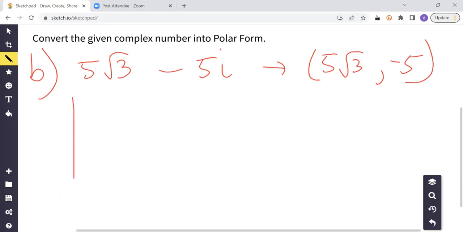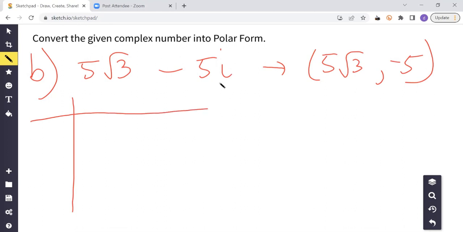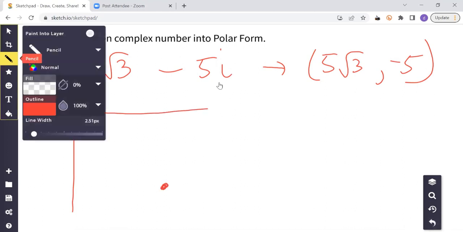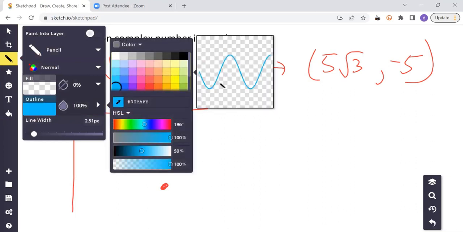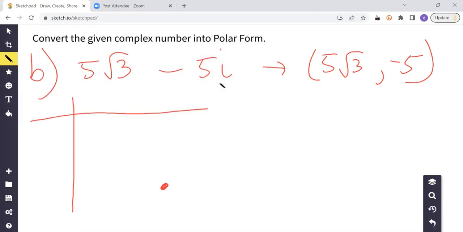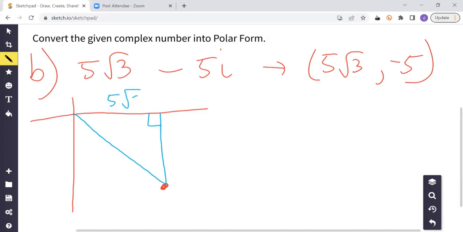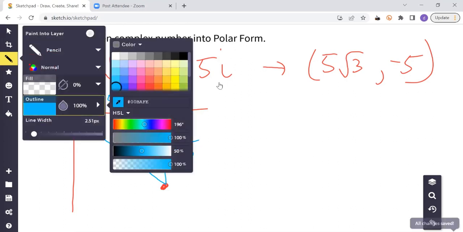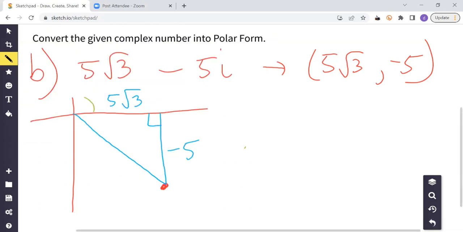So let's emphasize quadrant 4. Just put a dot anywhere there. It really doesn't matter. And then draw your regular triangle, like that, and like that, and like this. Where this is 5 square root 3. This is negative 5. And in green, we have this here.